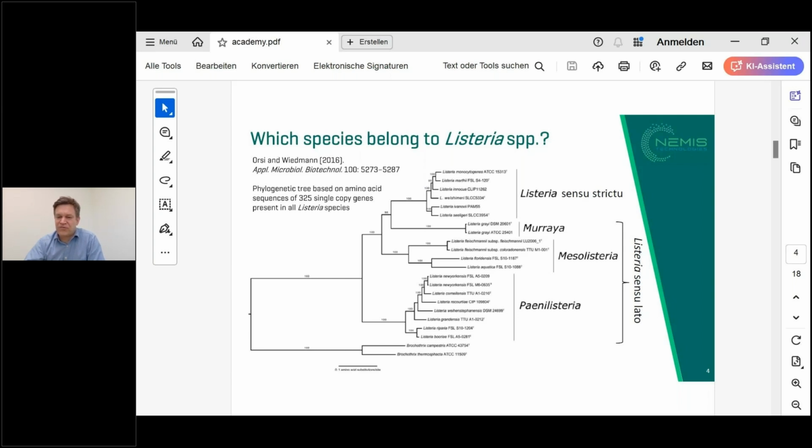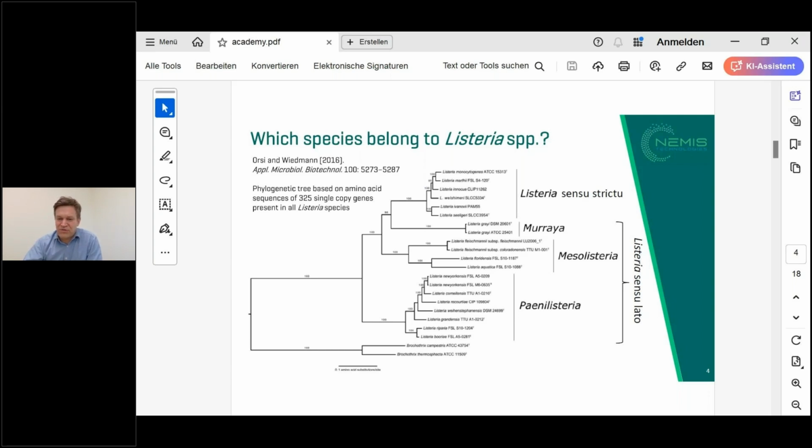You see a clear grouping of a specific group of Listeria called Listeria sensu stricto. This is the most important group related to food safety, and it includes Listeria monocytogenes, Listeria innocua, Listeria welshimeri, Listeria ivanovii, Listeria seeligeri, and Listeria marthii, but this one is very rarely found and has only been found in two places so far, so it's not really relevant.